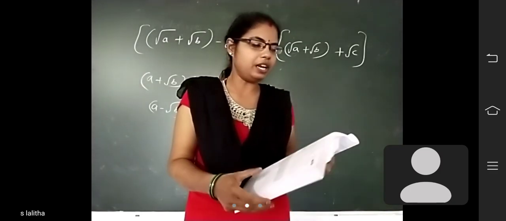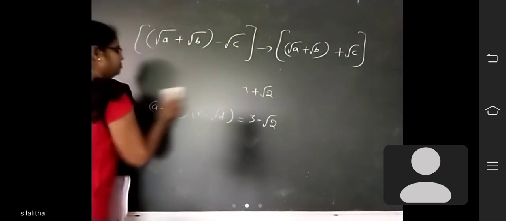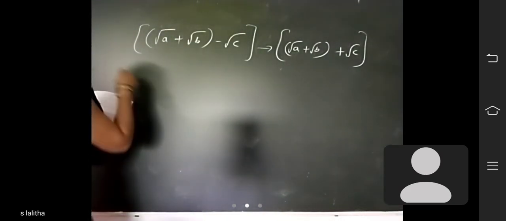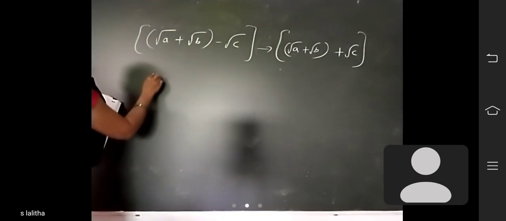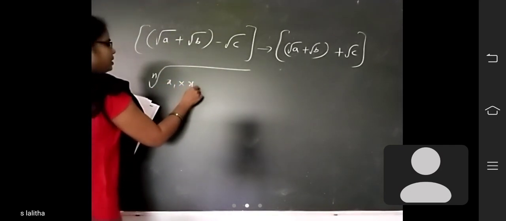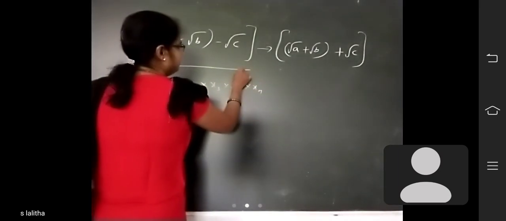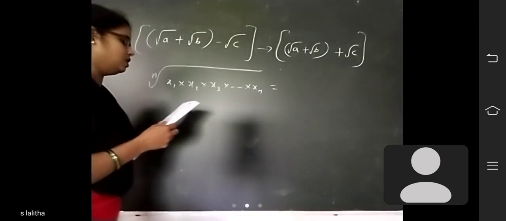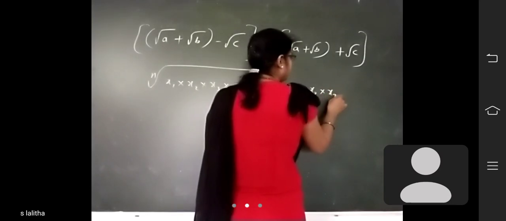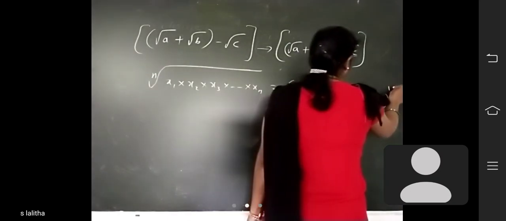So what is the geometric mean formula? The nth root of x1 into x2 into x3 and so on up to xn is equal to (x1 into x2 into x3 into so on xn) whole power 1 by n.